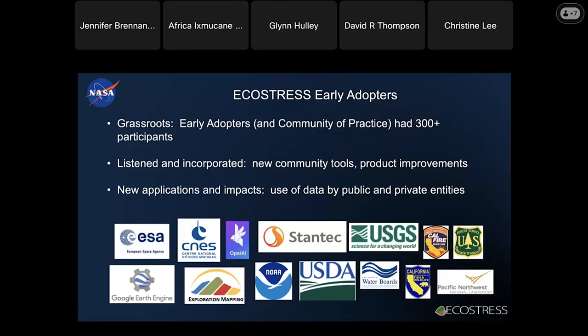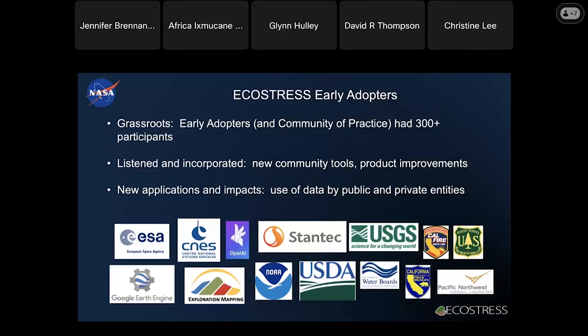And the goal of the early adopters program was really to listen to the science and applications community, understand challenges that they may have working with ECOSTRESS data, and then use that feedback to inform the development of new community tools in partnership with the DAC, as well as to incorporate improvements to the standard data products that is provided through the mission, as well as to expand upon new application areas and impacts.